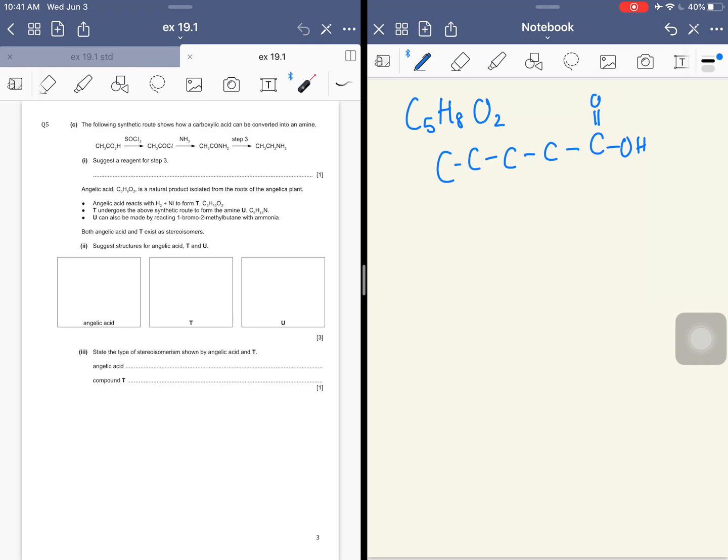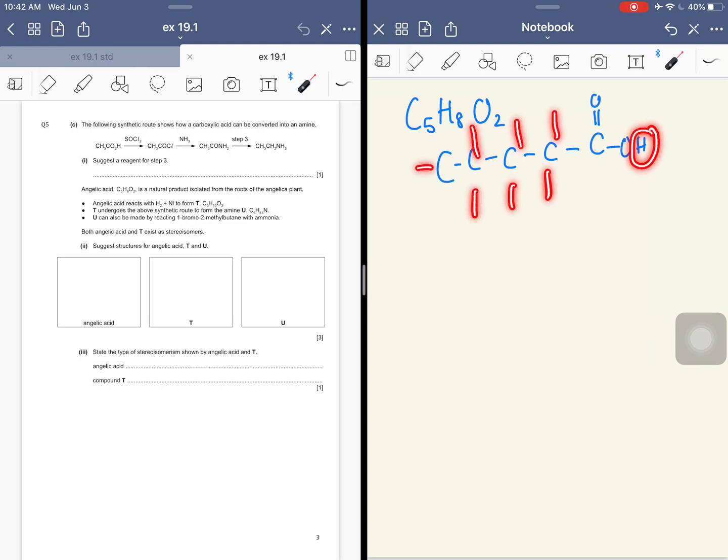Another thing that I want to point out is the number of hydrogen. There are 8 hydrogen only in this molecule. Now if we just count first, 1, 2, 3, 4, 5, 6, 7, 8, 9, 10. This formula suggests that there will be 10 hydrogen, but the formula only has 8 hydrogen.